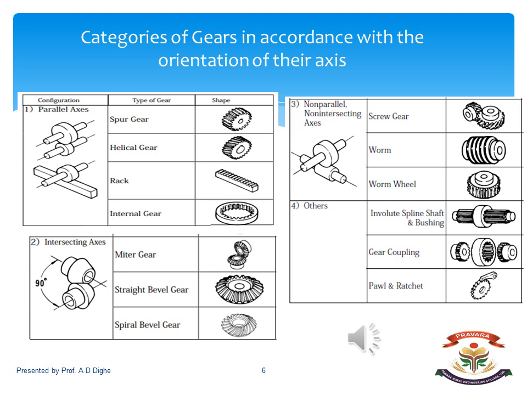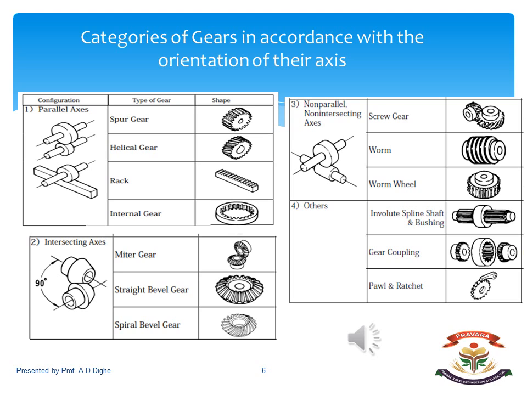The third position of the shaft is non-parallel and non-intersecting. In that, there are basically two types: screw gear and worm and worm wheel. Now screw gear is a special type of helical gear, and if we make an angle of 90 degrees, that becomes the worm and worm wheel.